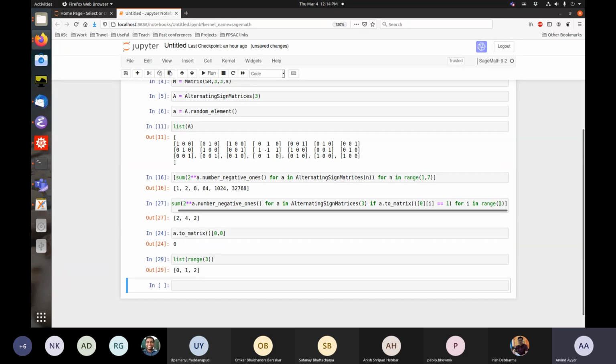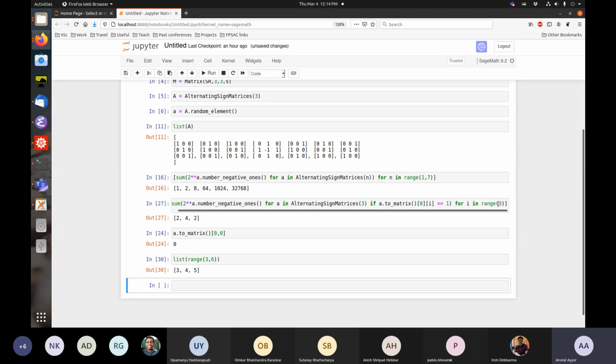Range of 3 works because it will start at 0 and it will end at one lower than the maximum. So range of 3 6 is 3 4 5, like that. So it does the right thing.